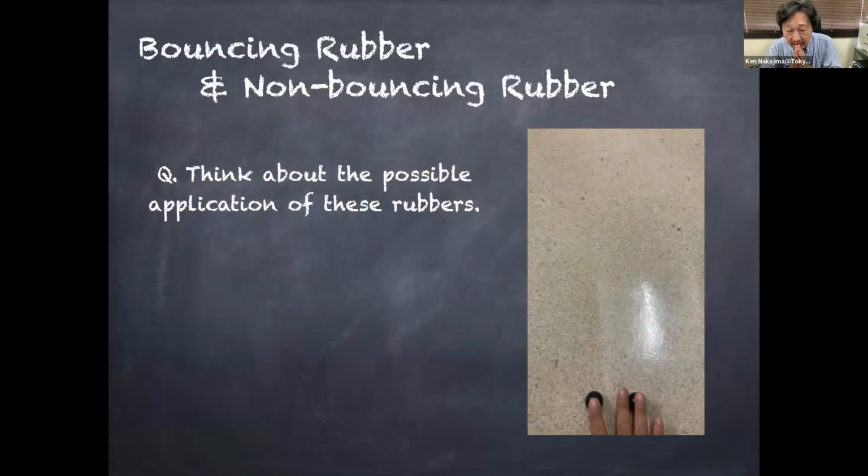Now, let's get back to our slide. I hope you think about these two, the bouncing ball and non-bouncing ball, and how we can apply these two materials. To which field can I apply these materials?